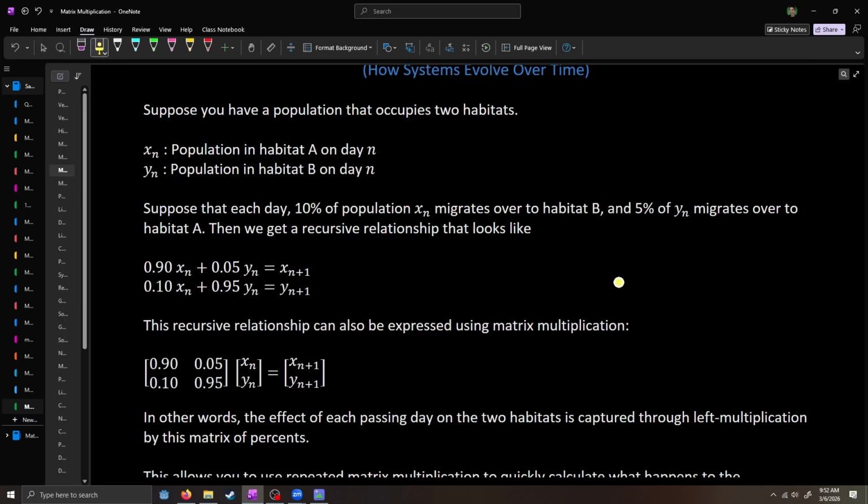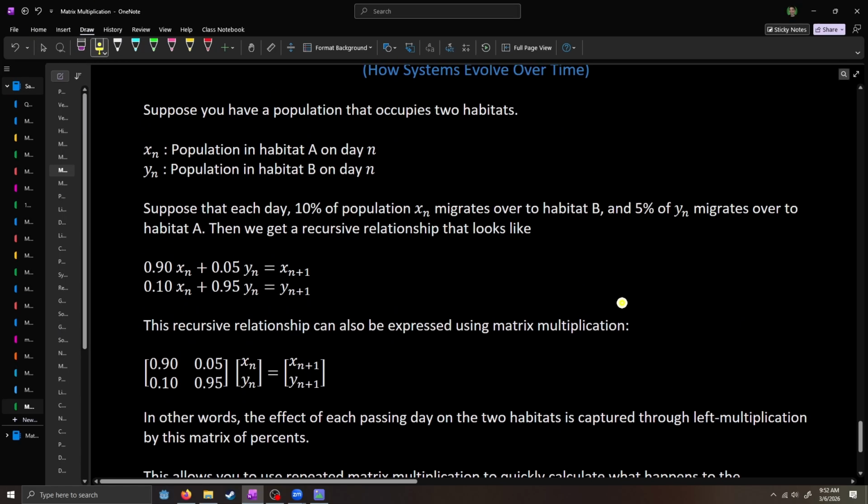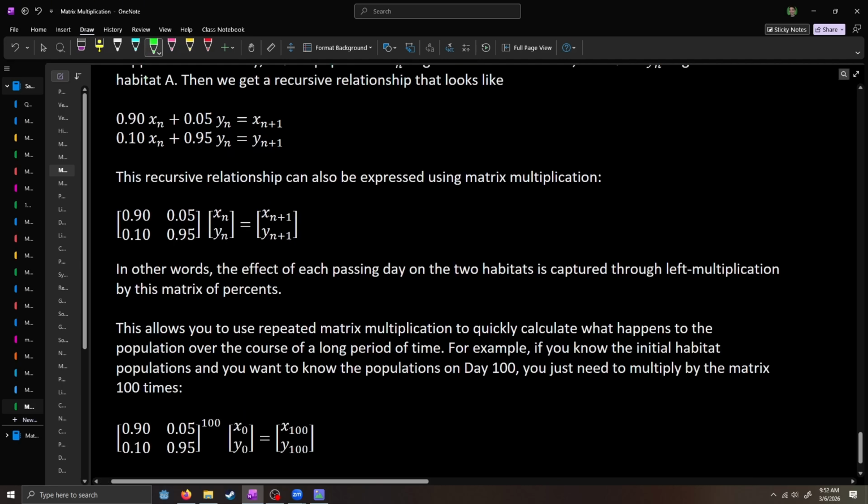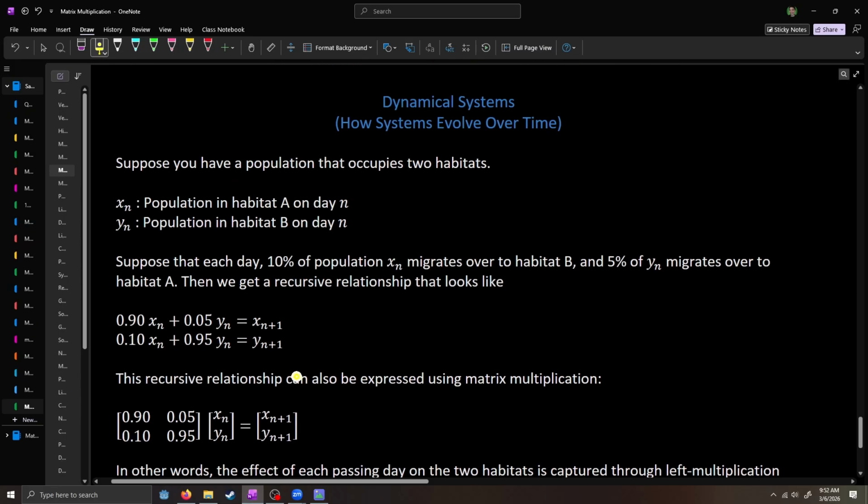Simultaneously and similarly, we have the evolution in Habitat B. Habitat B is retaining 95% of its original population. So the population on the next day is 95% of what it was on the previous day.